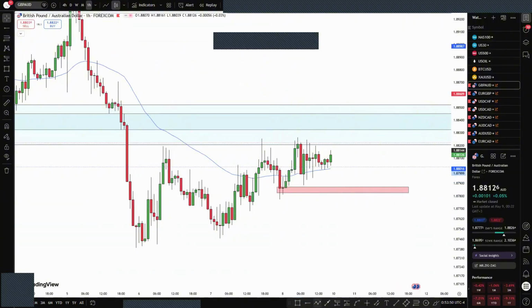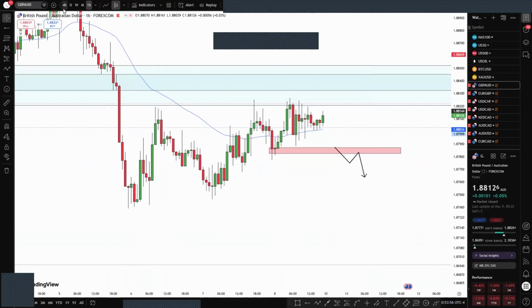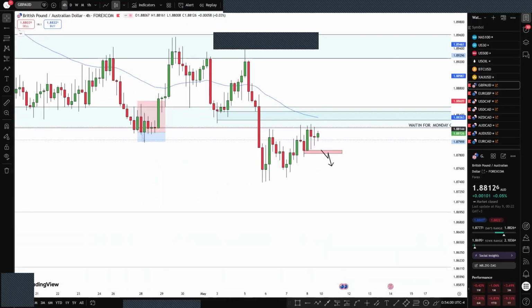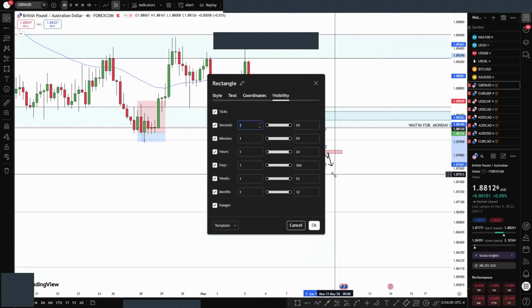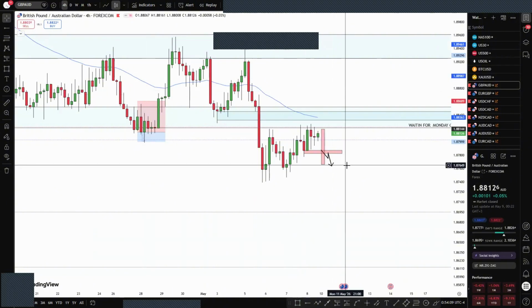So once the 1 hour breaks below here, that's a sign that price has gone bearish. And in the 4 hour time frame, that's obviously an engulfing candle from there to here, you see. So that's what I was saying. That's why I stick to the 4 hour, because it's one and the same thing.